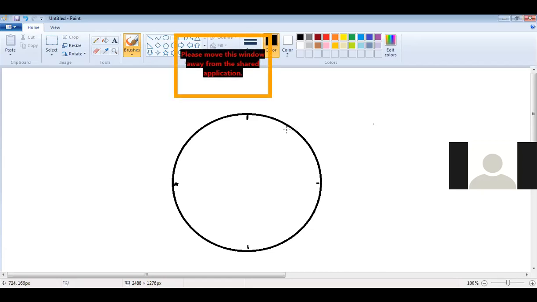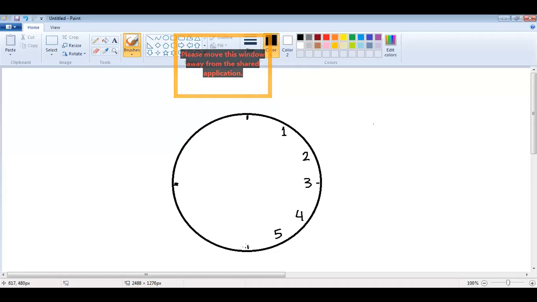The last one has to be 12. 1, 2, 3, 4, 5, 6, 7, 8, 9, 10, 11, and the last one 12.